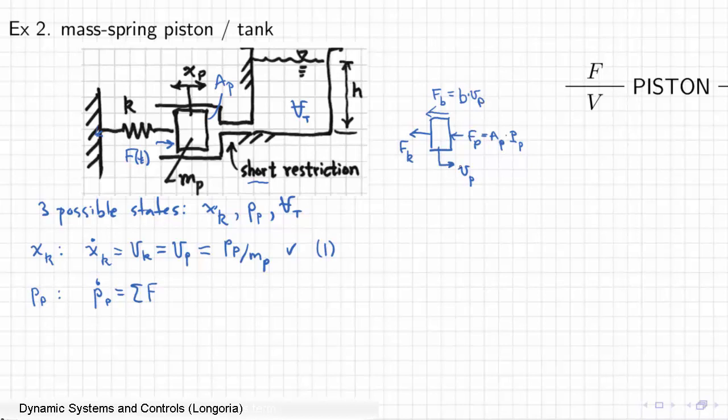And are there any other forces that we need to worry about? Not really, right? So let's use that free body diagram to write the sum of forces here. That's going to be minus Fk, right?